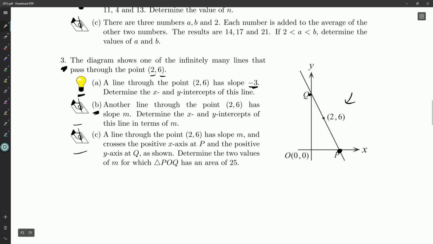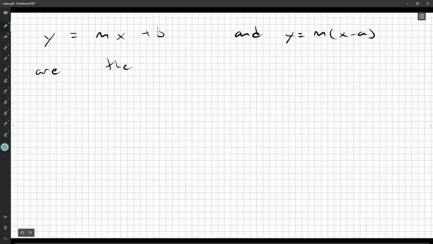All right, B part. Another line through (2, 6) has slope m. Determine the x and y intercepts of this line in terms of m. Okay, not a problem at all. So, y equals mx plus b, and y equals m(x minus a) are the 2 intercept forms.